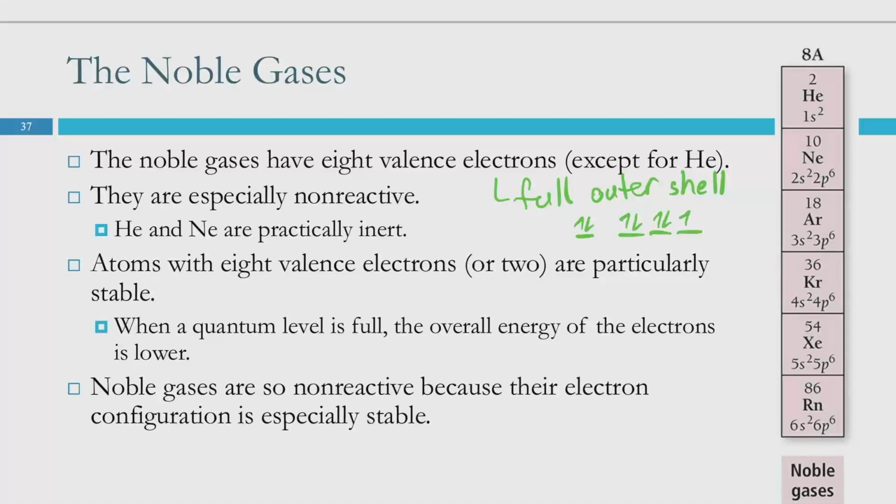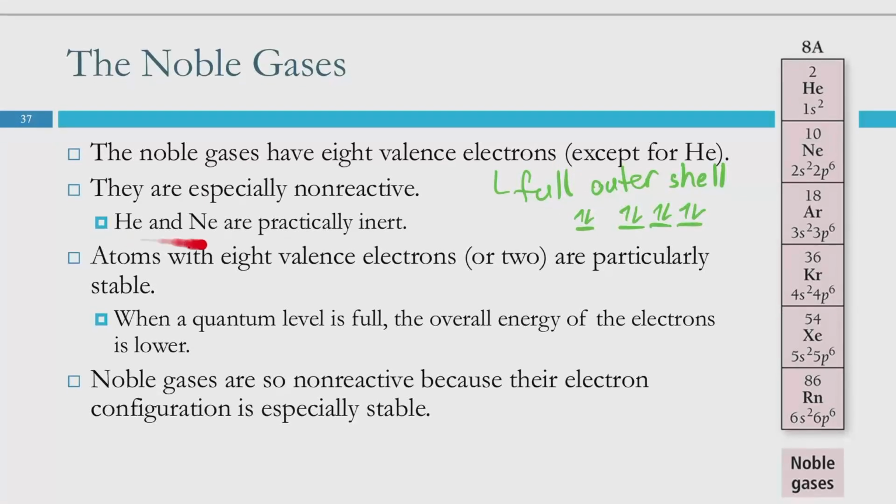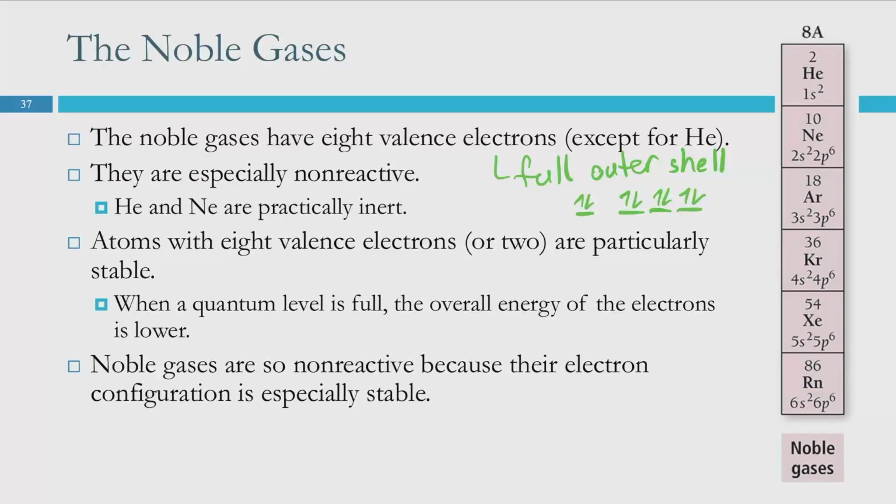They don't have anything to fill. They've got this good symmetry stuff going on, good parallel spin things happening. Helium and neon are basically inert. They really do not like to react with anything. The rest of our noble gases also don't like reacting with stuff.